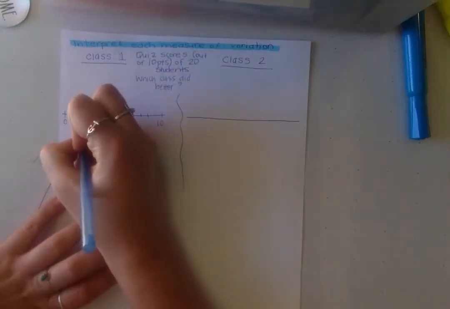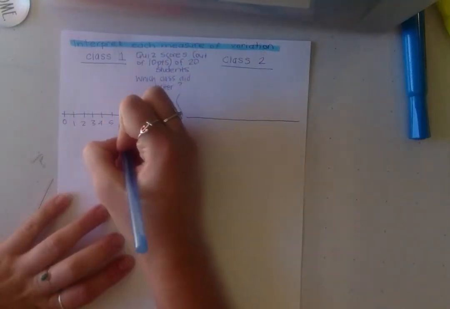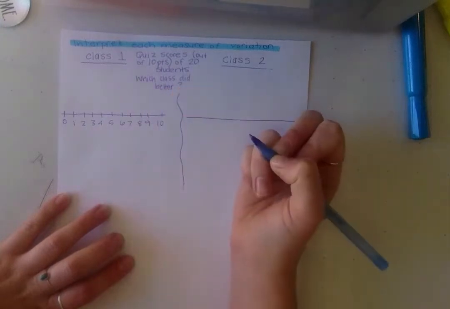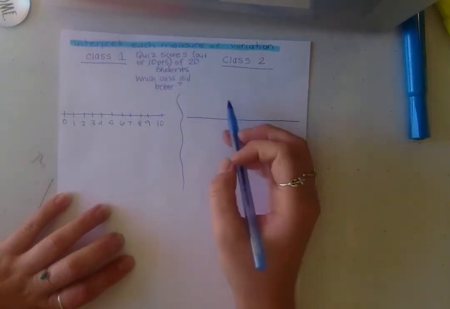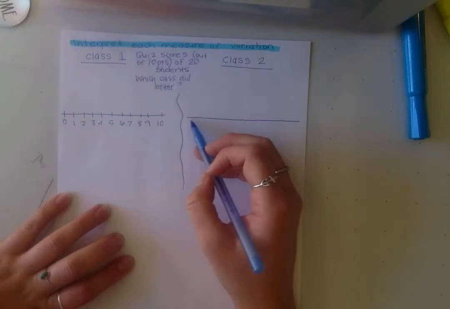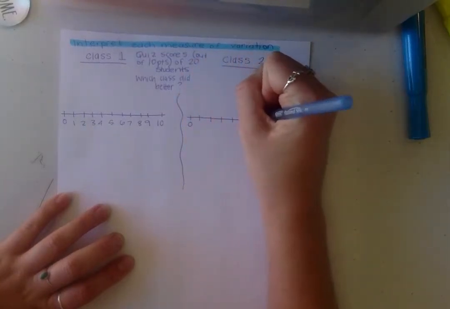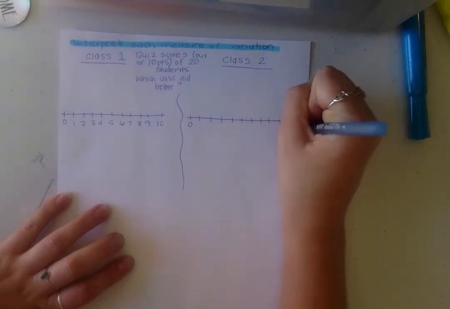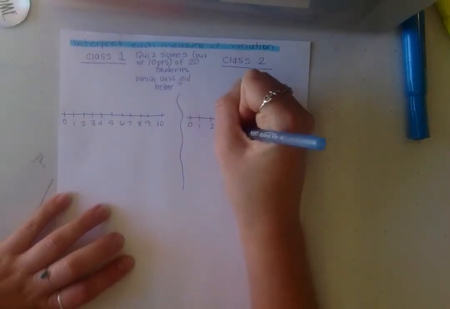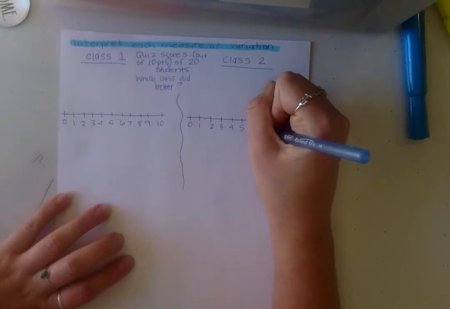Same thing over here for class 2, I want to visually show how many kids scored 0 through 10.